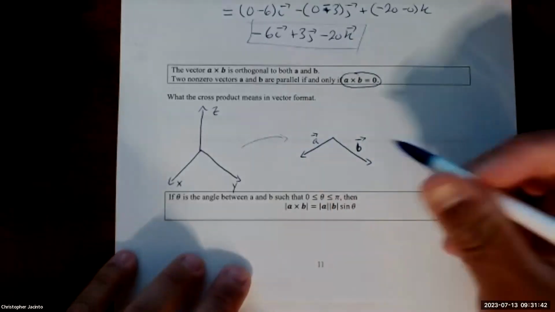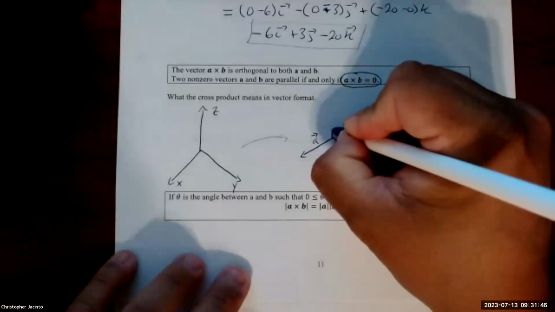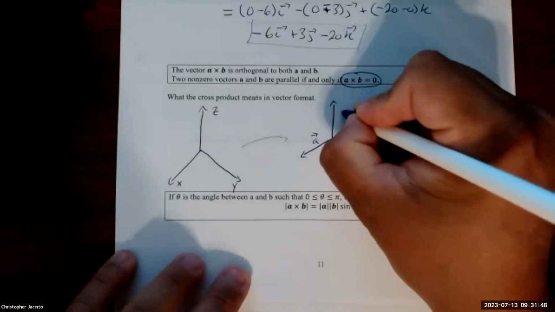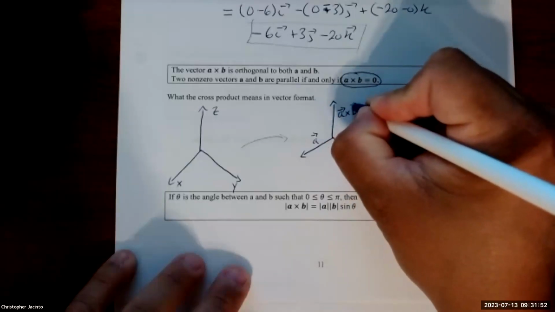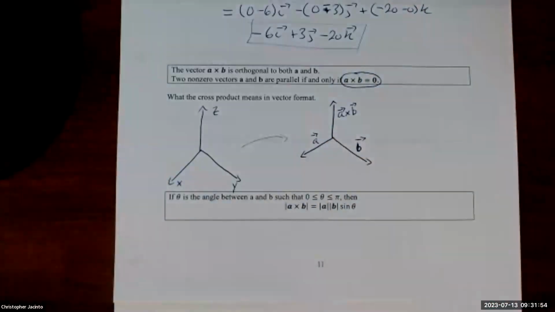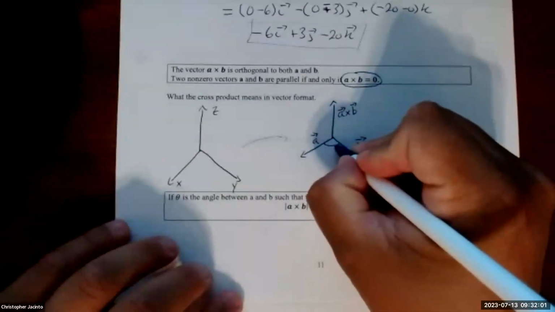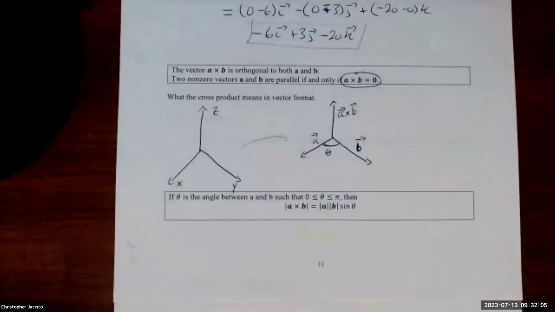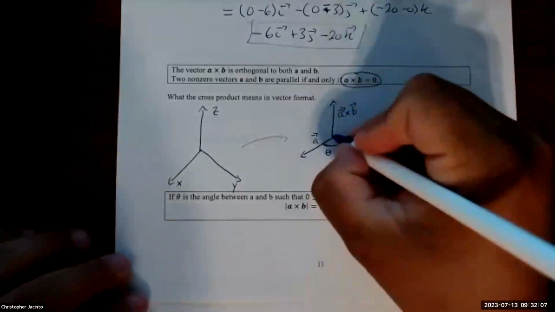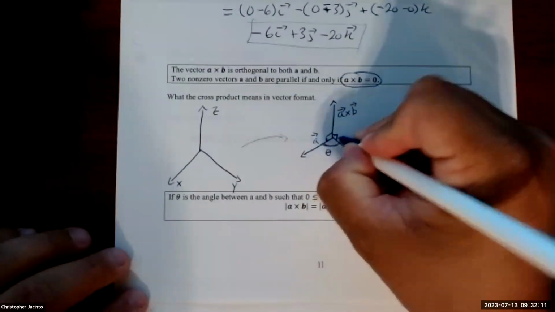Given two random vectors, this cross product is orthogonal, meaning it's just going straight up. Just like the dot product, where we have the angle between the vectors, we also have an angle between the two vectors we're doing the cross product of, called theta. Remember, it's orthogonal, so these are automatically right angles there.